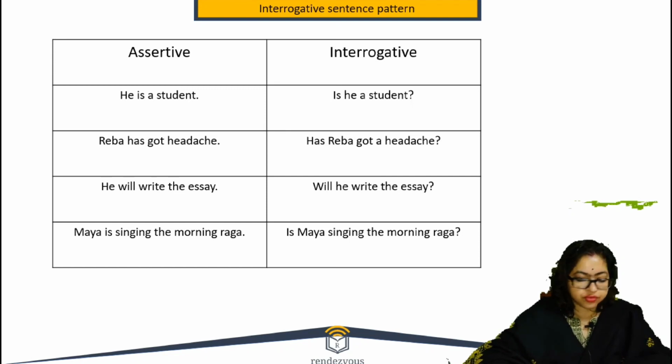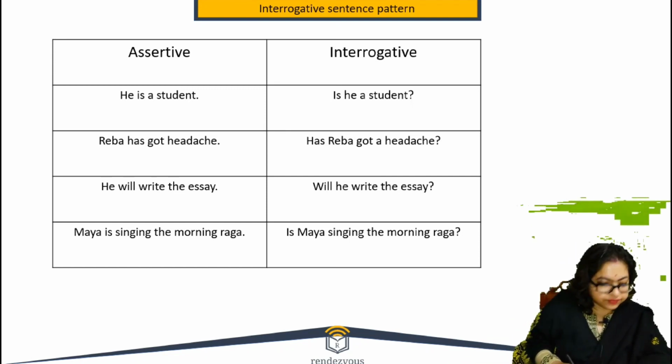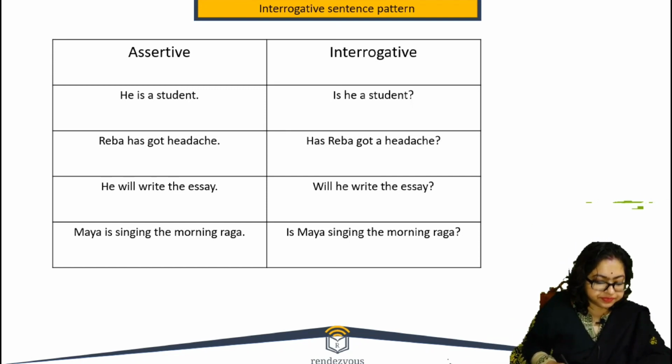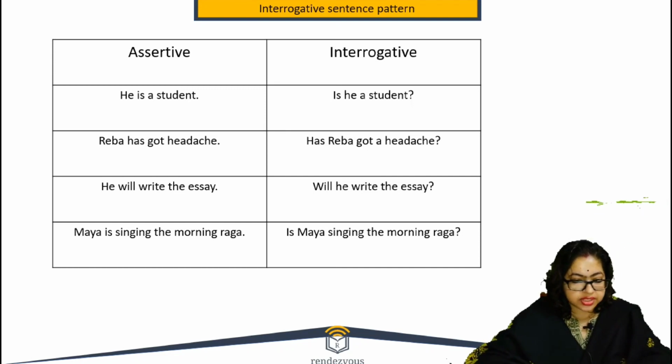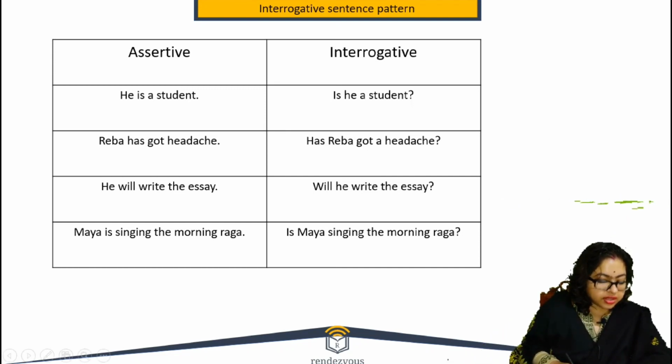For example number 1, in assertive sentence, he is a student. Suppose I am asked to make it interrogative. How should I do it? Now you can see that the main verb here in the assertive form is it.